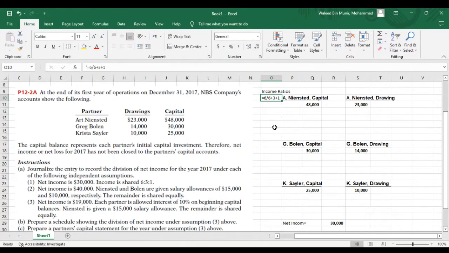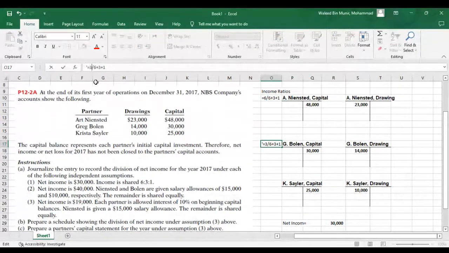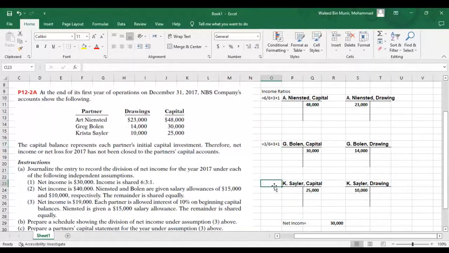For the second one, his ratio will be 3 over 10, and for this one, 1 over 10.